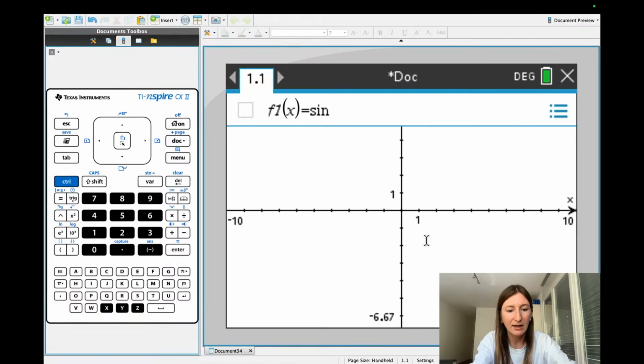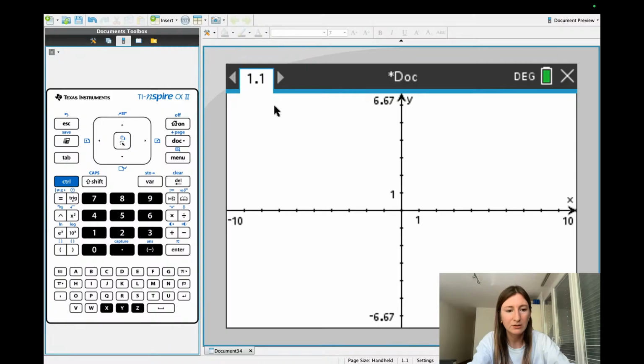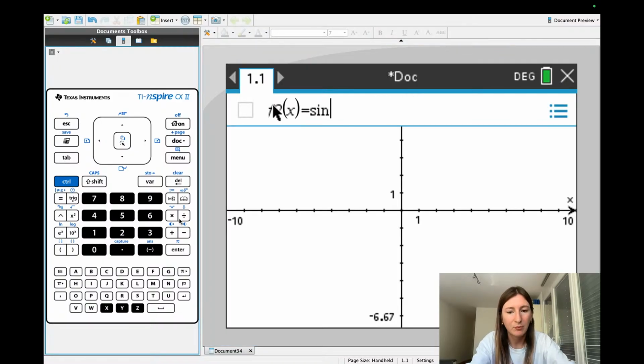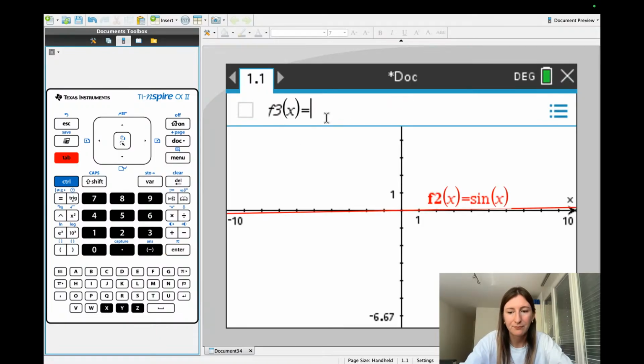Okay, so we want sine x. Remember to put this in brackets, otherwise it doesn't recognize it. If we just do it like this, there's no graph, it doesn't know what to do. So we have to put brackets around our variable.